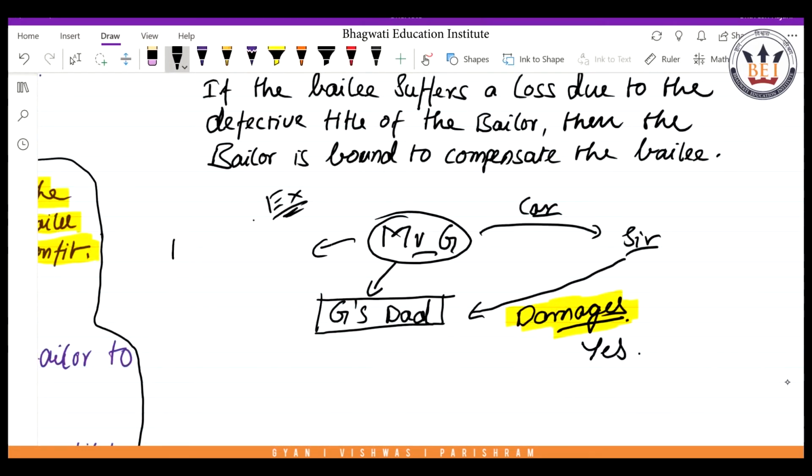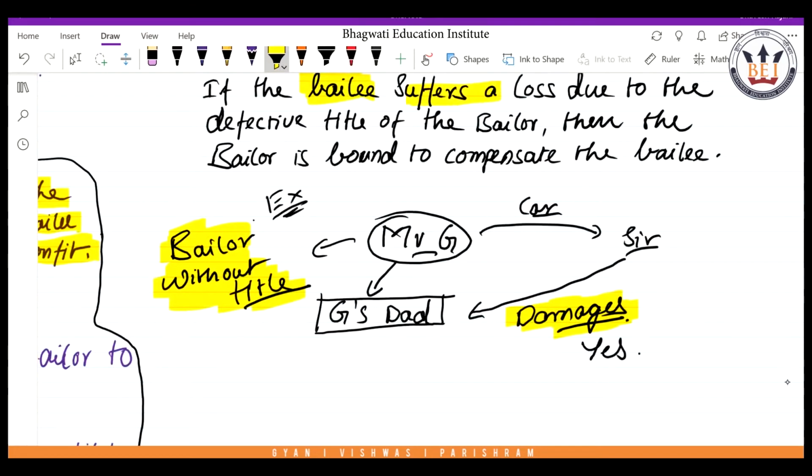Gautam is what we call a bailor without title. And what did we just write above in the statement? Read carefully. If the bailee suffers a loss, which I did, due to the defective title of the bailor, the so-called Mr. Bailor, Mr. Gautam had a defective title.